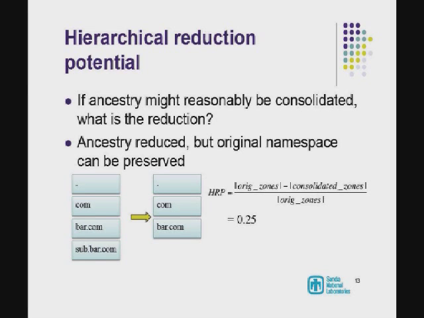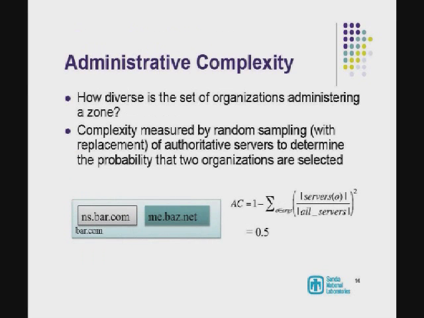Okay, and then administrative complexity is really looking at the organizations that are hosting the servers authoritative for a particular zone. Now I don't mean to say in both of these examples that having a large ancestry is necessarily bad, or that having other people host your authoritative data is bad, but there are certainly some concerns with that, only because you don't necessarily have control over what they're doing.